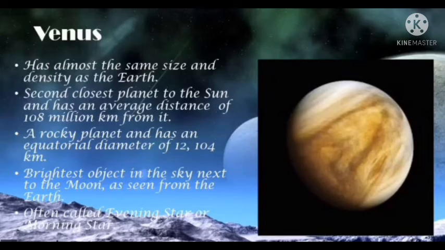Its atmosphere is made up mostly of carbon dioxide, which has a surface temperature that rises to more than 470 degrees Celsius. The thick layer of clouds in Venus' atmosphere reflects sunlight very well, making Venus the brightest object in the sky, next to the moon, as seen from the Earth. It is often called evening star or morning star.